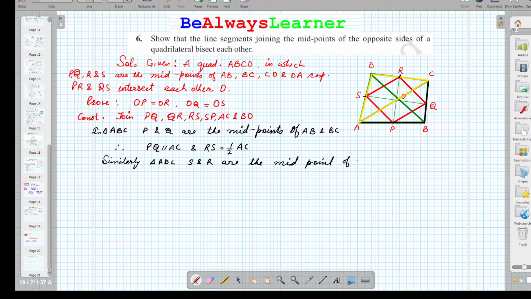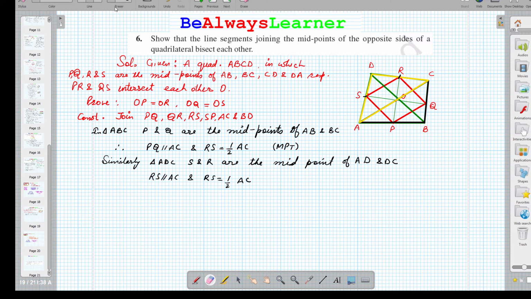The respective sides are AD and DC. So this is through MPT, midpoint theorem. Now we can say this RS line is parallel with AC line, and RS is equal to half of AC.